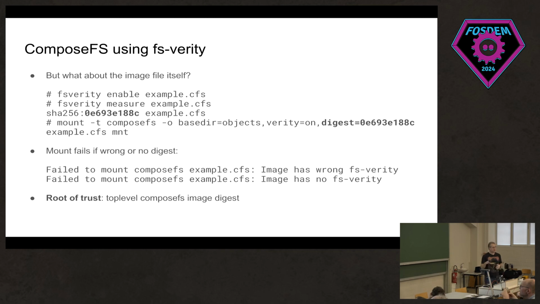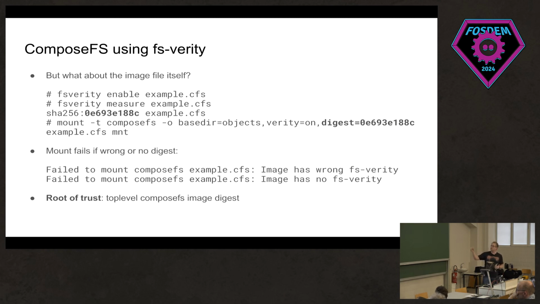And you could potentially write into this image file and change the name of a file by modifying the file. And to avoid that, we enable FS-Verity on the entire image itself, and then we pass the digest that we got. Ideally, you're not supposed to just read this digest from the file when you mount it, but at build time, you record the digest, and then via some kind of secure mechanism, a channel, secure boot, signatures, what have you, for some reason you trust this digest, and you pass it to the mount command.